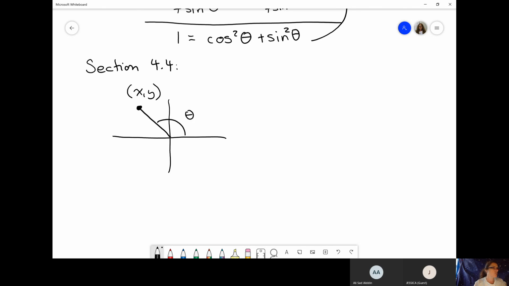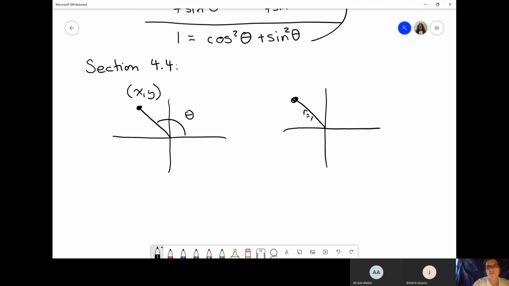So nothing has changed compared to what we did in 4.3. Now, the only thing that has changed, in 4.2 actually, we kind of had the same definitions for sine and cosine, but there we had a radius that was equal to 1.